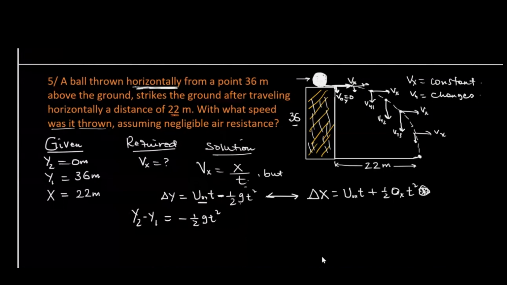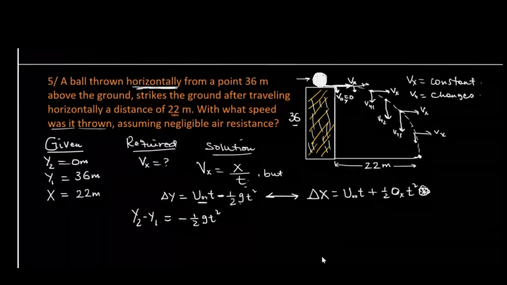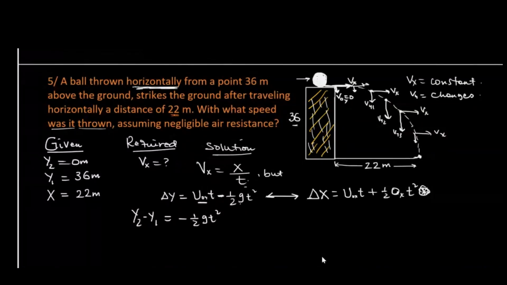Very good. Now look at this. y2 is 0, because it's going to the ground, so at ground level y2 is 0. So that is 0 minus y1, and y1 was 36.